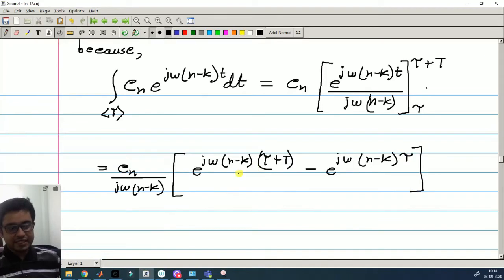Then you can easily see that these two terms are equal, and therefore this is equal to 0.